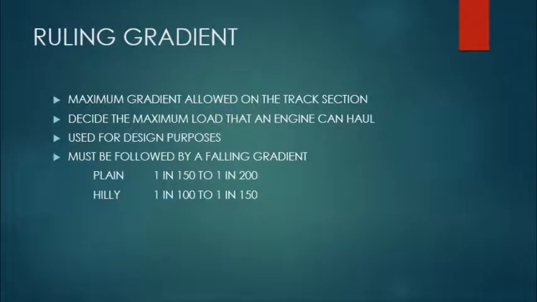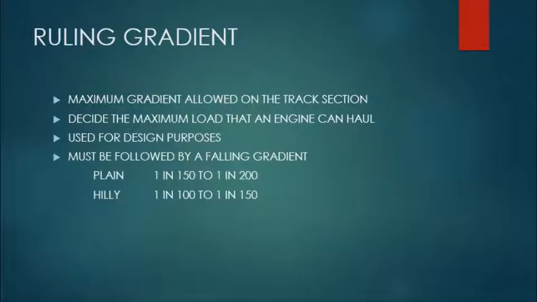With this, the amount of energy which was used up in climbing is saved in descending. A train is able to climb a rising gradient more easily if it follows a falling gradient, as the train has an opportunity of attaining high speed over the falling gradient before reaching the rising gradient.